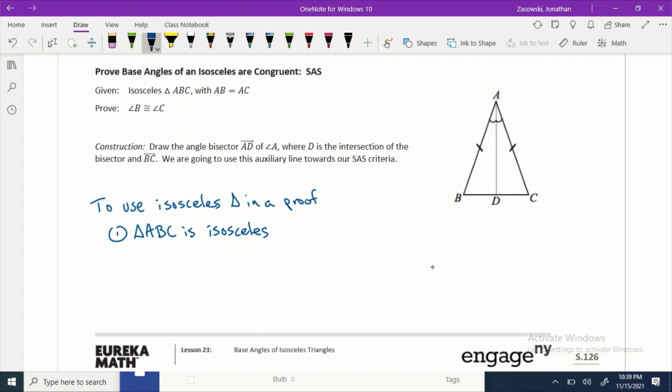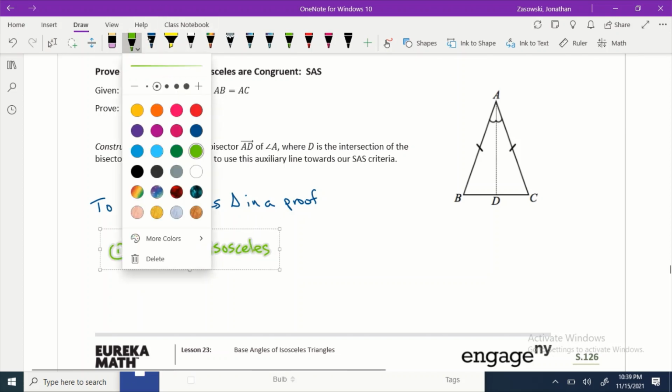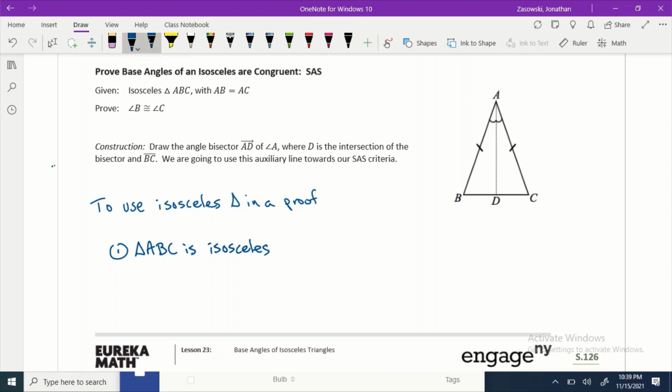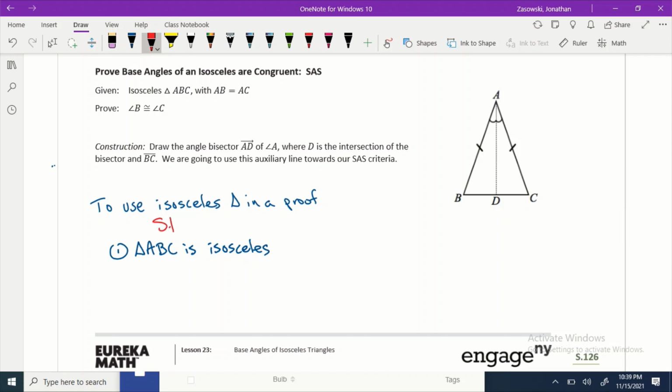And then the reason, so let me move this down just a little bit here. Okay, so these are going to be the statements. Let's switch to red real quick here. So statements, and these are going to be the reasons over here.